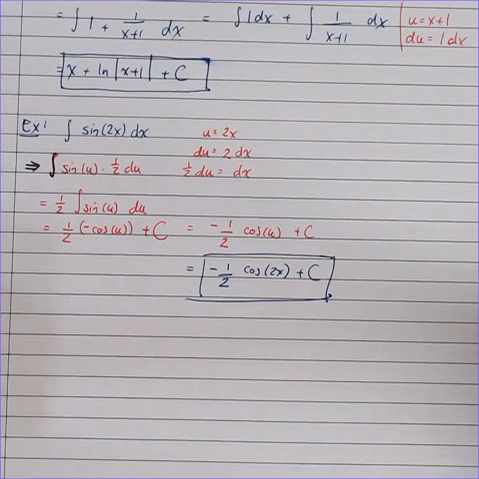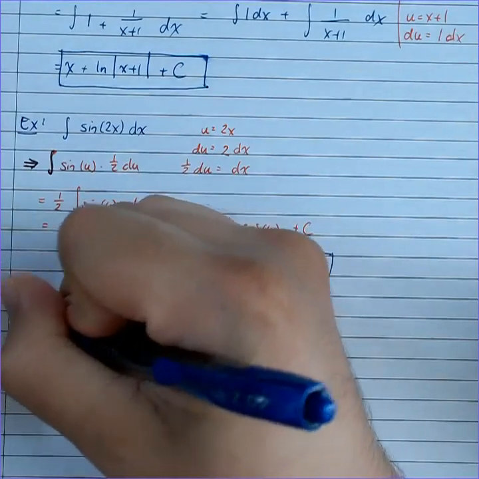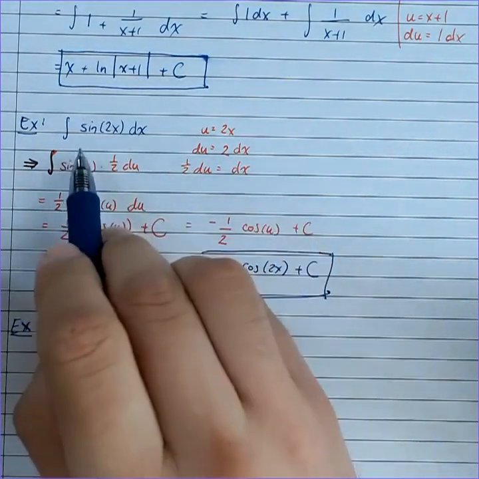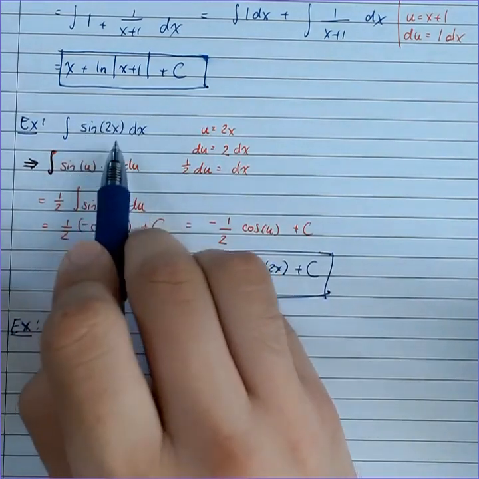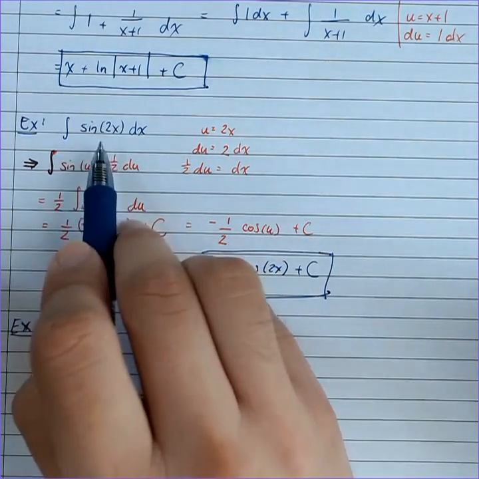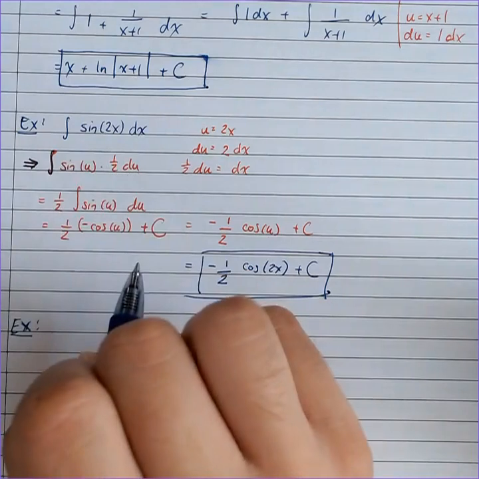Now let's take a look at another technique that's going to do the exact same problem, and it's going to look rather different, and that's okay, because as we've seen since trigonometry and through pre-Cal and even a bit in Cal 1, trig functions are a little unwieldy. They can take many different forms.